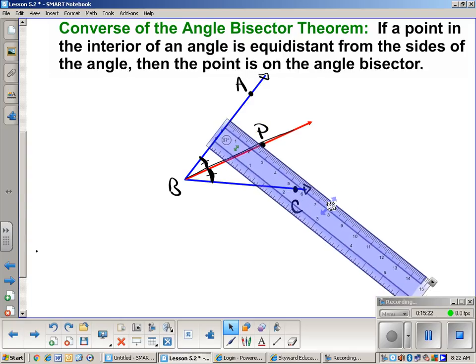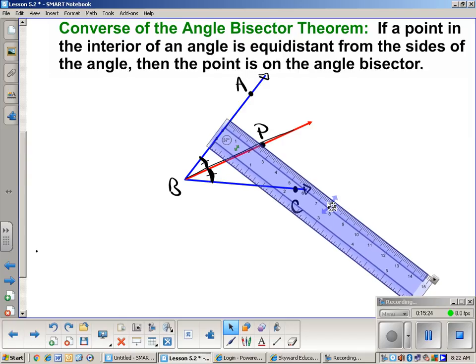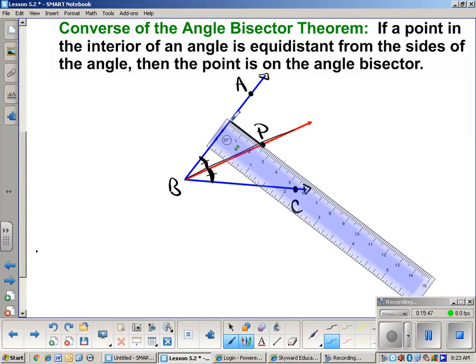Sorry, I was making it perpendicular to the wrong line. There we go. I was making it perpendicular to the angle bisector instead of the side of the angle, okay? And so I think I'm pretty close there now. I can get my protractor out and measure it. But my point is, to do this, I want to make sure that I am creating the perpendicular to the side, okay?